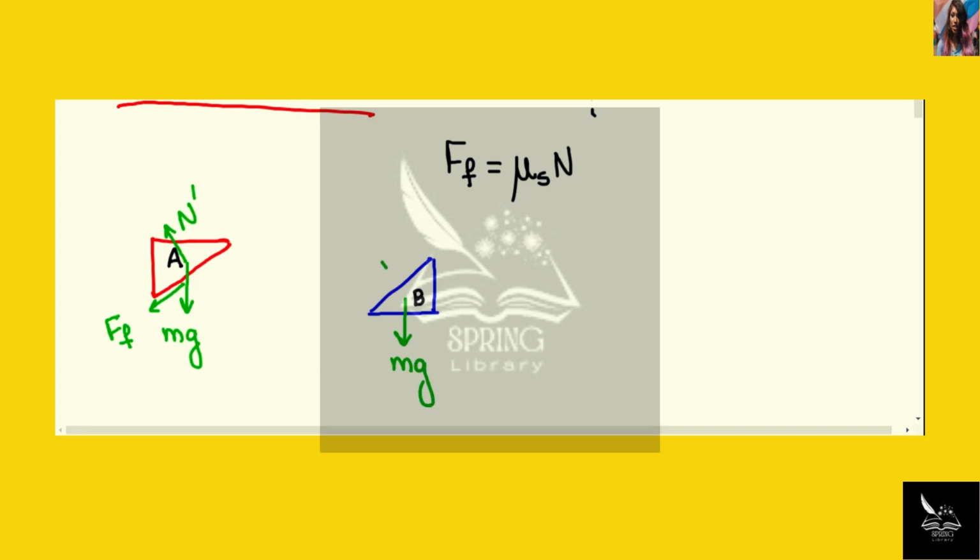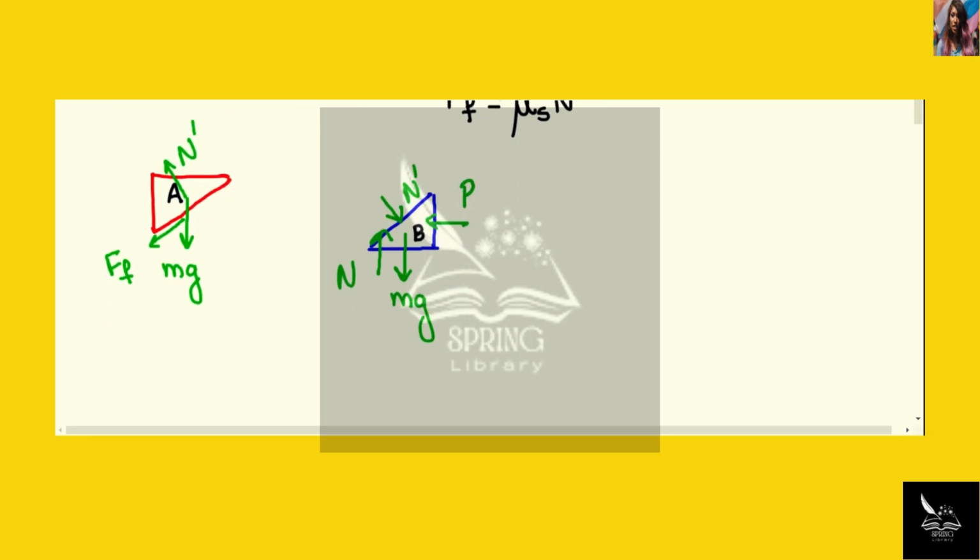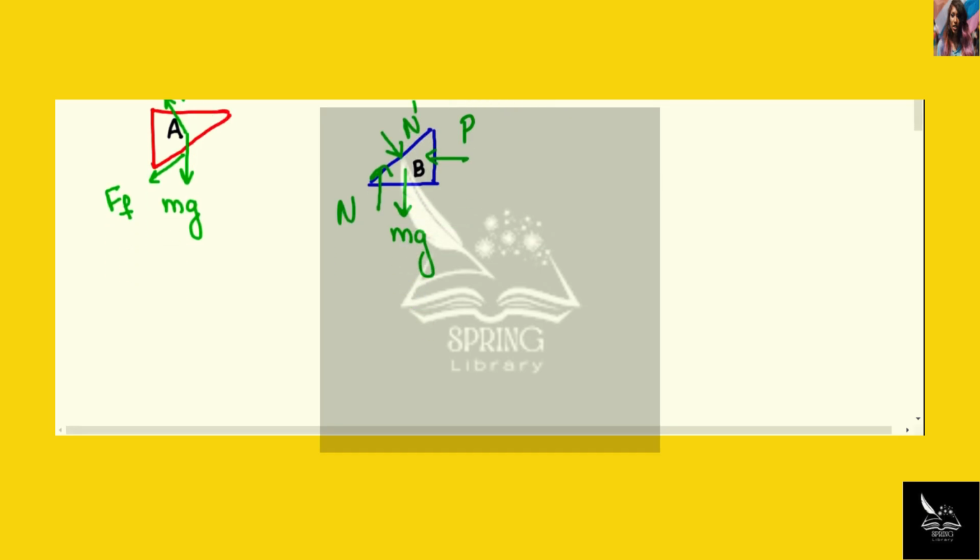The normal force that block A exerts on block B, n prime, has the same magnitude as the force that block B exerts on block A, according to Newton's third law. In the opposite direction, we have the normal force that the ground exerts on block B, and we have P. So now we can write the equations of motion for both blocks.